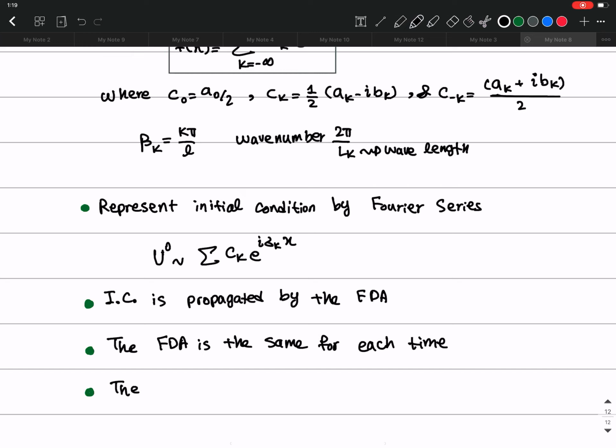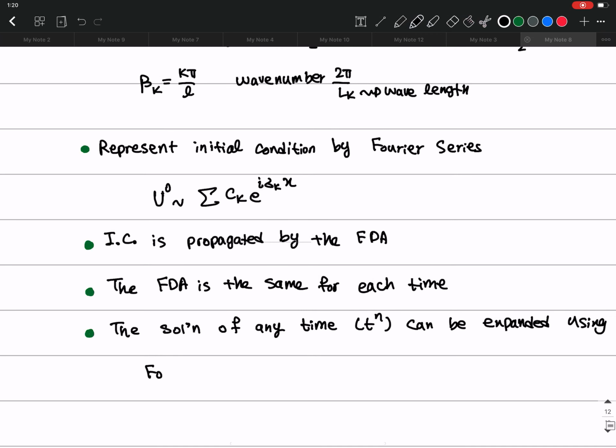So the solution at any time tn can be expanded using Fourier series.